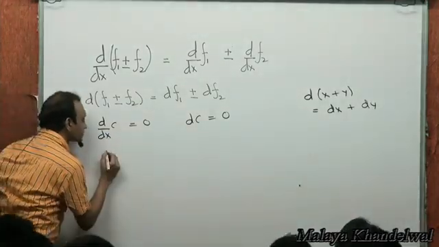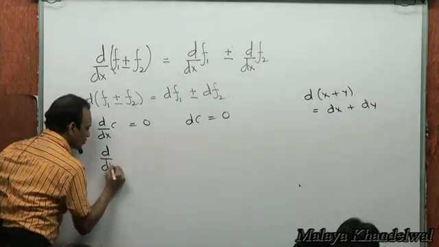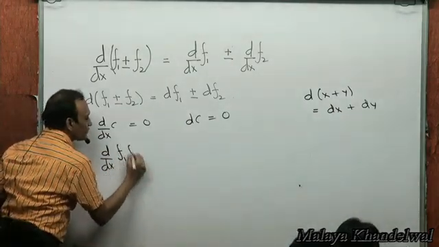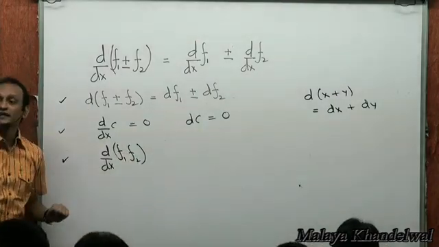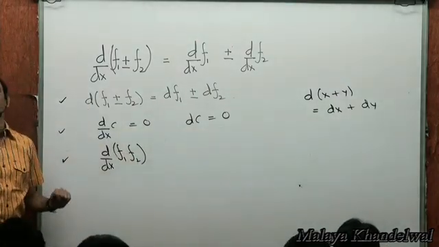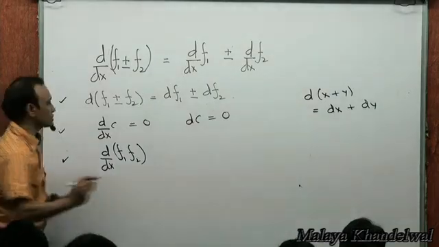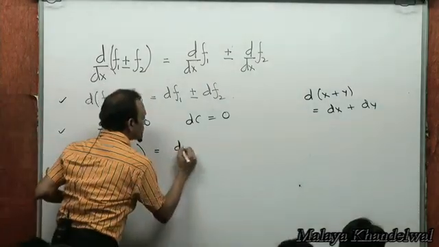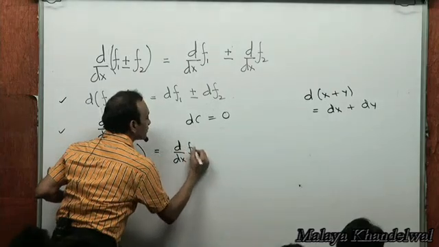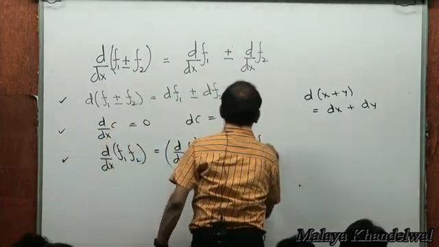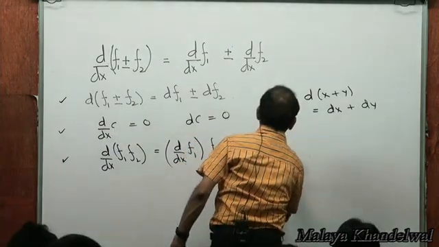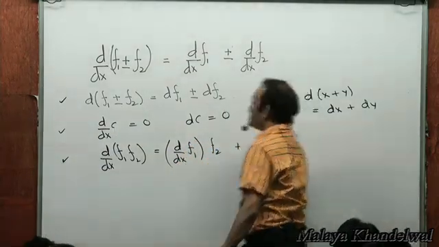Then d/dx of f1·f2, the derivative of the product of two functions, is the derivative of the first function into the second plus the derivative of the second function into the first. So this is d/dx of f1 into f2 plus f1 into d/dx of f2, right?